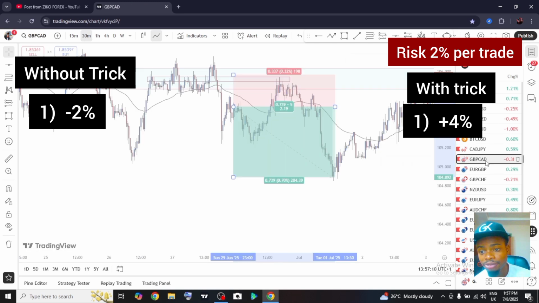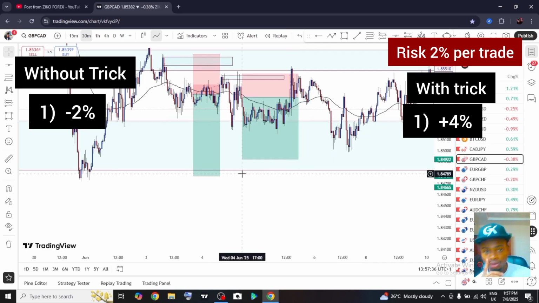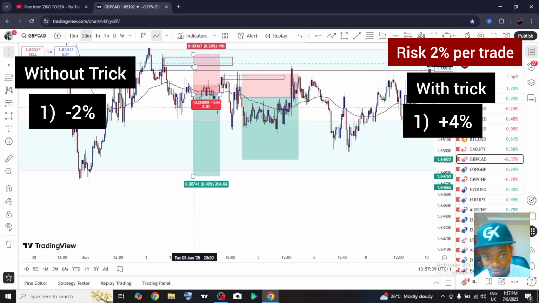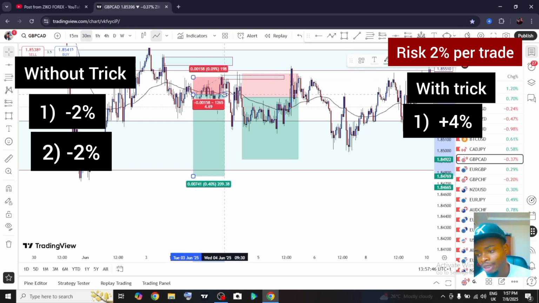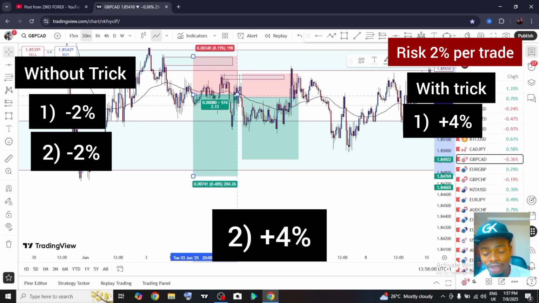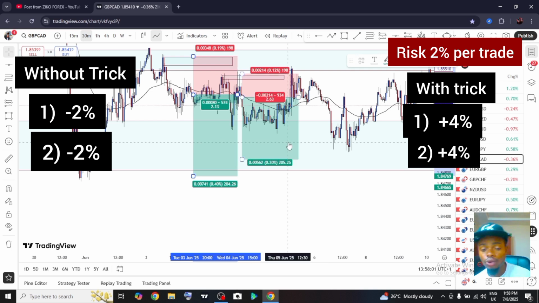Let's go over to GBP CAD. So from the examples I show on this video again, on GBP CAD, you would have lost 2% here if you are just trading normally without actually applying this trick, right? You would have lost another 2% here, which means your account is down minus 4%, and you will be up an extra 4% if you have done this trick, right?